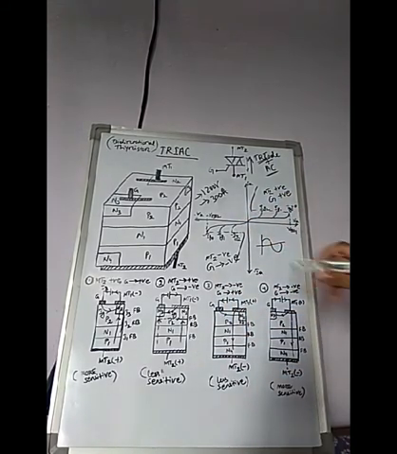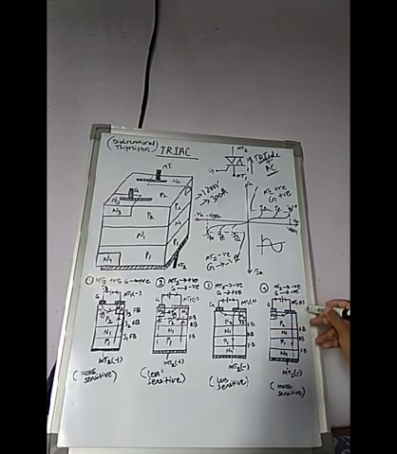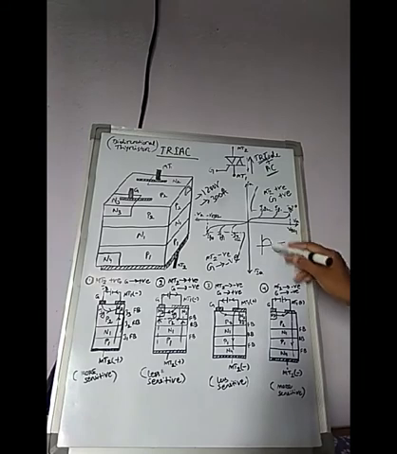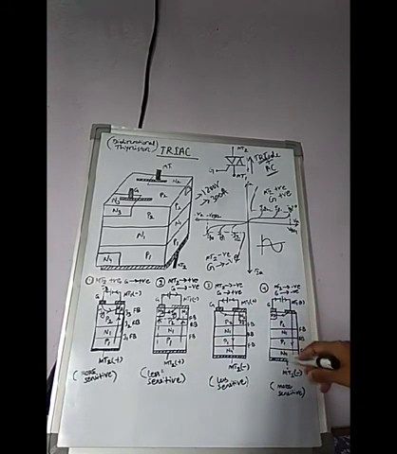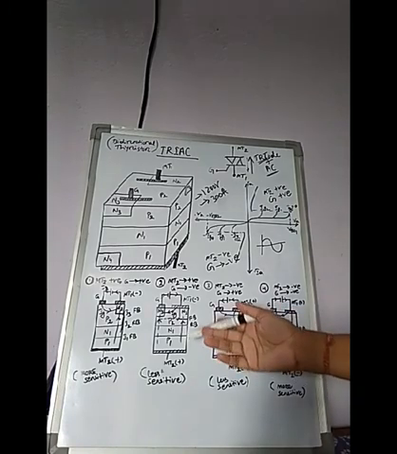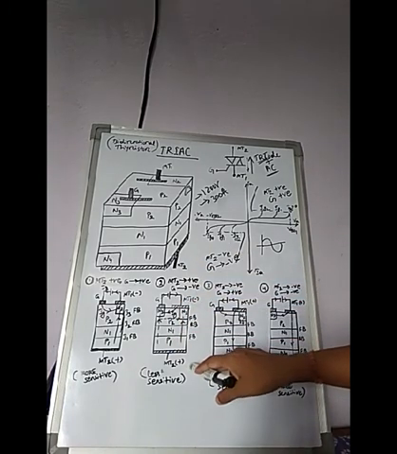Okay, so when gate current is negative, the triac may turn on when MT2 is negative. That means MT2 negative, MT1 positive, so now it is in the reverse half cycle. When we compare these two modes, the gate current is negative, so the triac may turn on when MT2 is negative, but may not turn on when MT2 is positive.